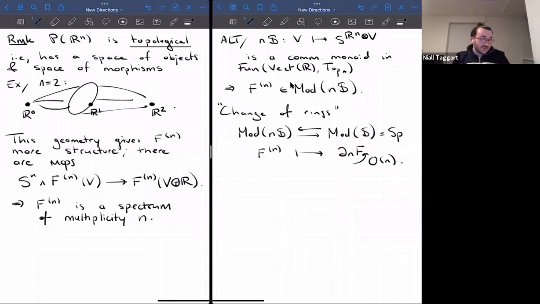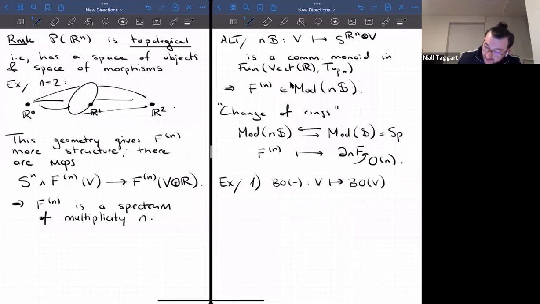And this might, in some sense, seem like, okay, you can do this, but is it actually something you can calculate? And the answer tends to be, in low cases, yes. Let's look at some examples. There's the functor called BO, which sends a vector space, so really an inner product space, to the classifying space of its orthogonal group.